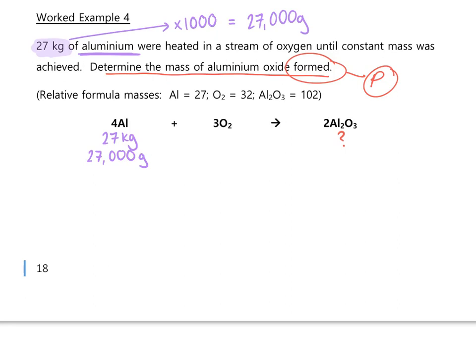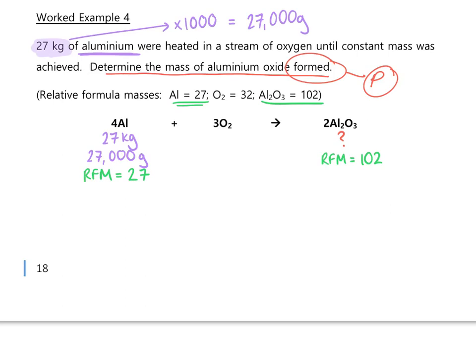Next step is to write down your RFM of the things we'll be using. We can forget about oxygen. It's not going to be involved in my calculation. So the RFM of aluminium, I've been given that, is 27. You could also just find that straight from the periodic table. And I'm going to need the RFM of the thing I'm trying to work out, which is aluminium oxide. And I'm told that the RFM of that is 102.